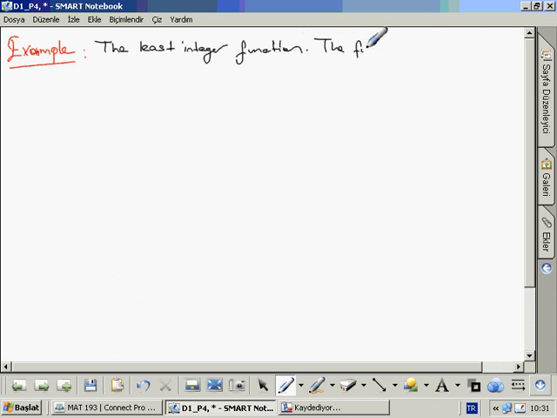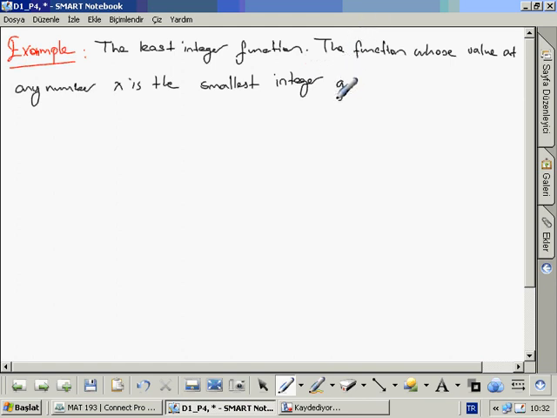The function whose value at any number x is the smallest integer greater than or equal to x is called the least integer function.